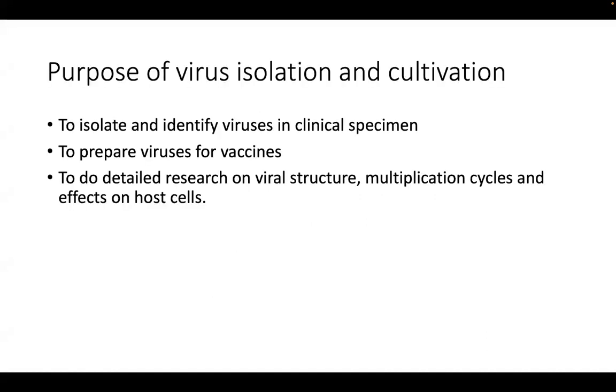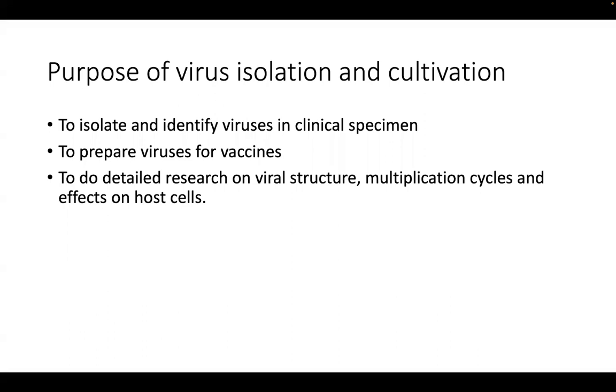So as we had learned before in the viral diagnosis class, the purposes of isolation of viruses is to identify viruses in a clinical specimen. For example, if you want to diagnose a viral infection from a clinical specimen, you can use viral cultures to identify that particular virus, or to prepare viruses for vaccines.